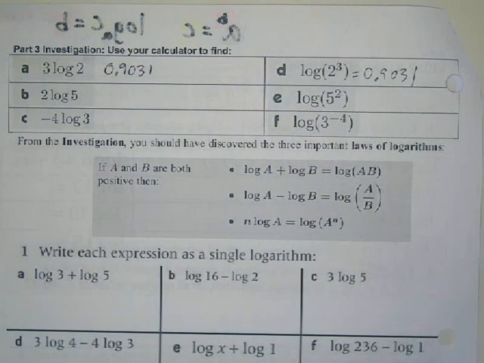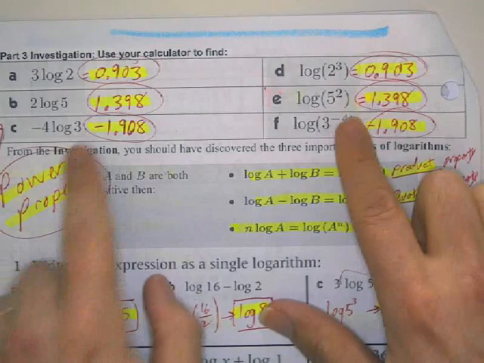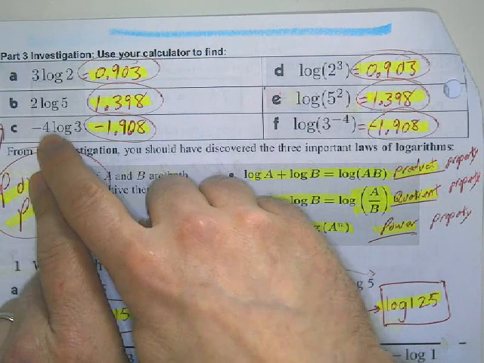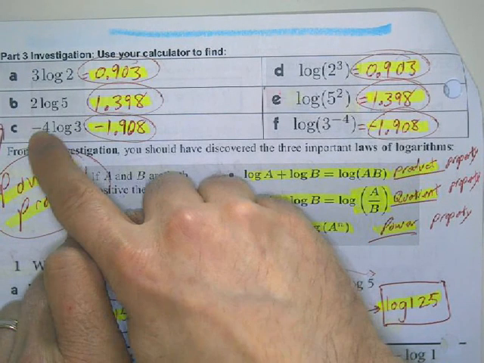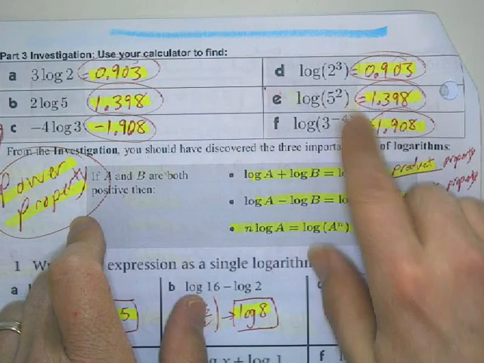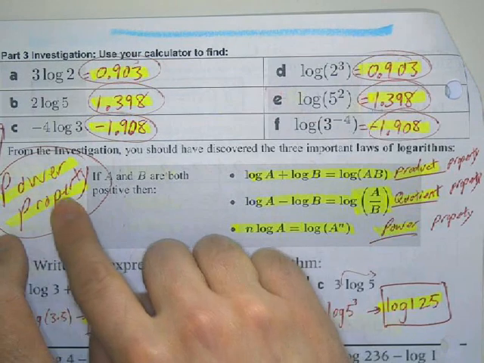So if I've got a number times a log of something, we can move this leading coefficient and it can become the power of this value here. This is called the power property.